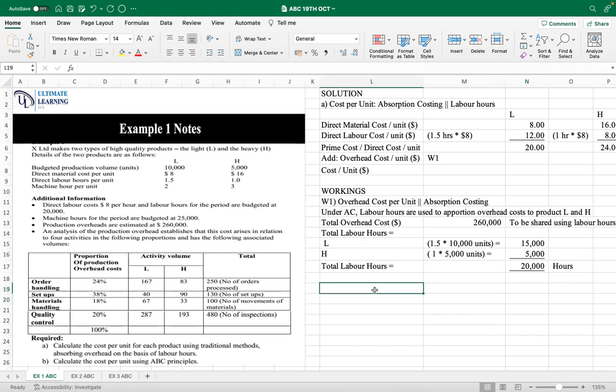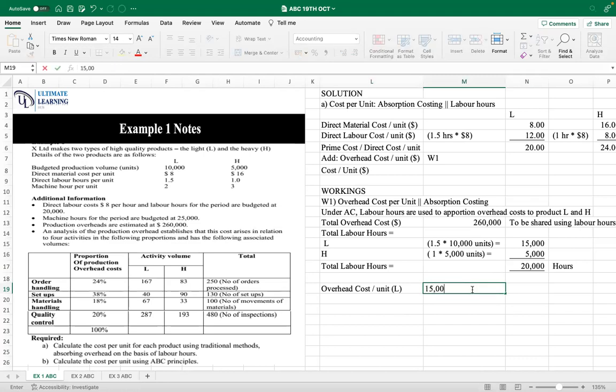Now I need to get the overhead cost per unit of product L. Look at how I'm doing it. I'll take 15,000 hours over the total 20,000 hours, times the overhead costs. We are apportioning using labor hours times $260,000, which is the overhead costs.